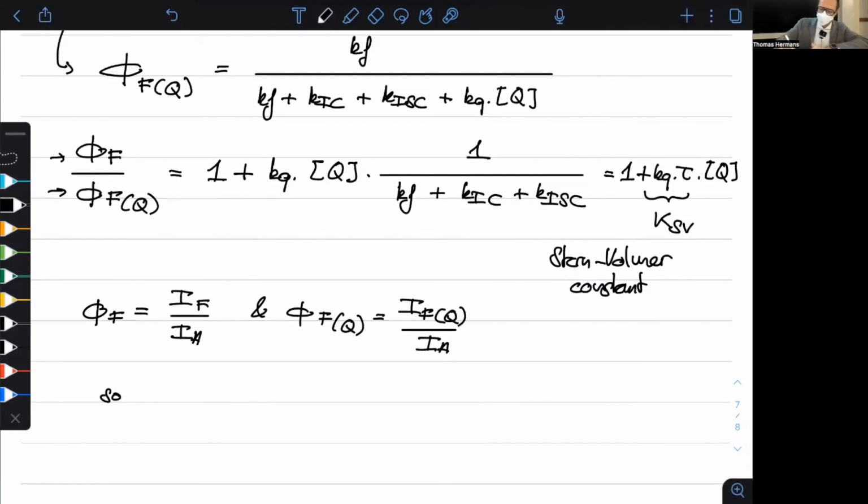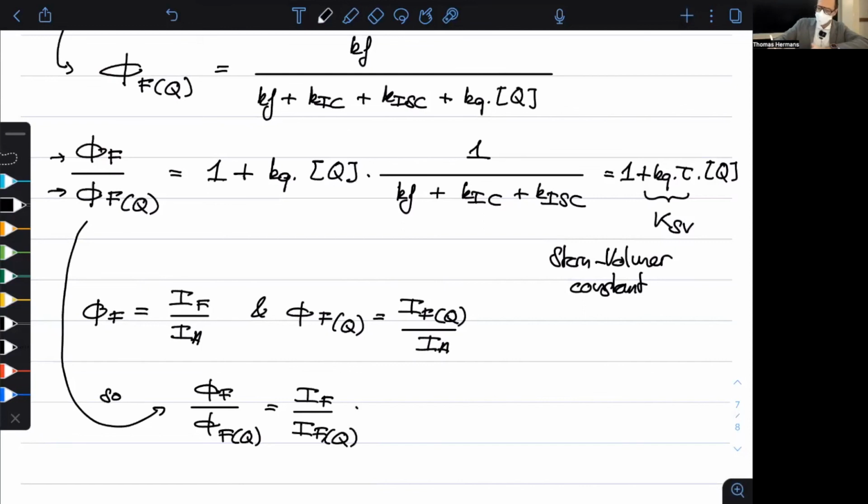So if we write this thing again, right? So theta F over theta FQ. This will be intensity of fluorescence over intensity of fluorescence with the quencher times IA over IA, which we can scratch out. And this will be 1 plus K Stern-Volmer times Q.